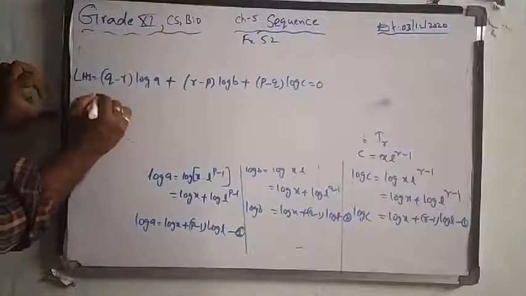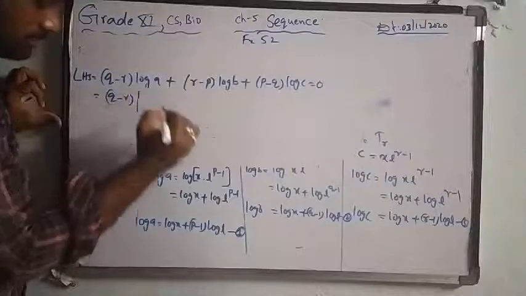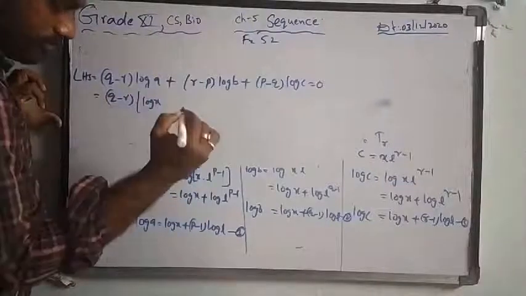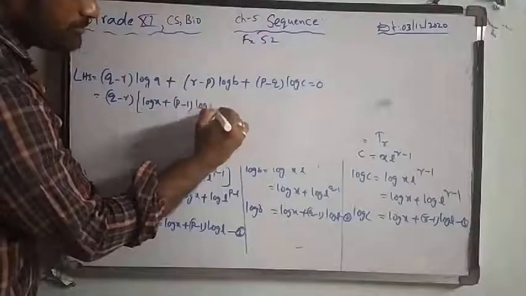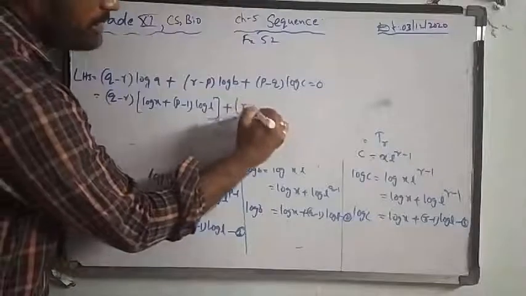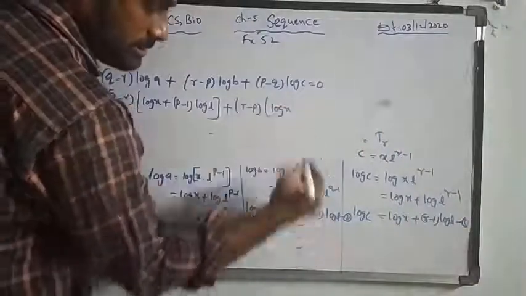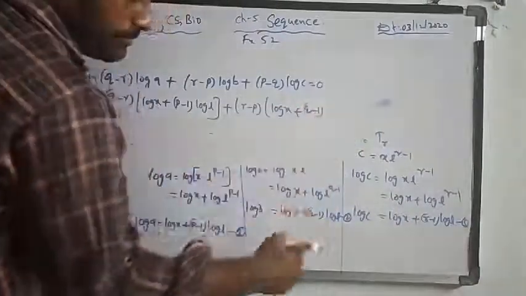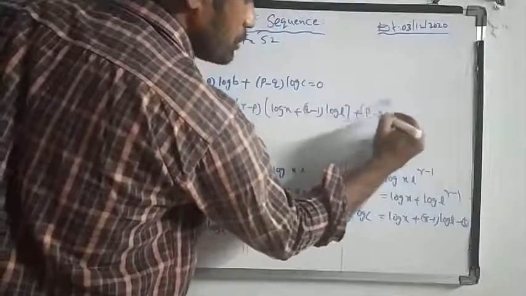Left hand side is equal to (q minus r) as it is; in place of log A we write log x plus (p minus 1) into log L, plus (r minus p) into log B; in place of log B we write log x plus (q minus 1) into log L, plus (p minus q) into log C; in place of log C we write log x plus (r minus 1) into log L.